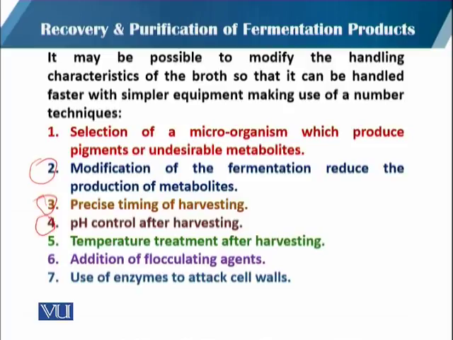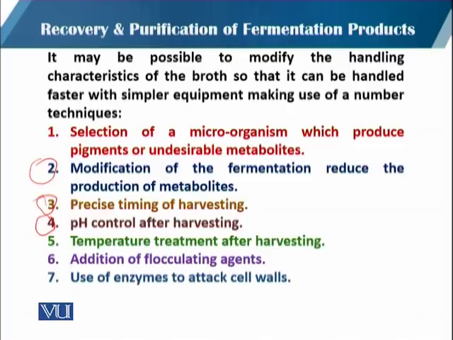Sometimes it happens that when we stop the upstream process, we do not bother about the pH drift. When there is a drift in pH, it can have an adverse effect on the nature of our product, and sometimes just with the change in pH the product will become soluble.